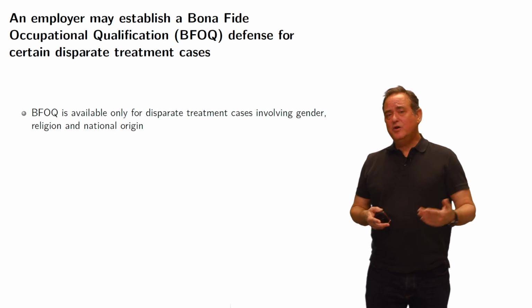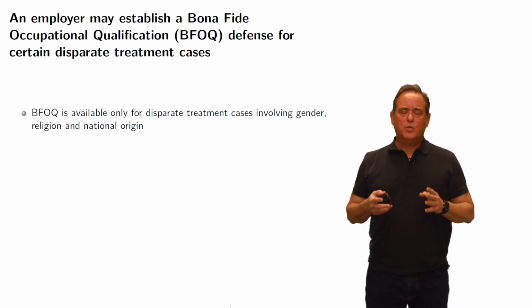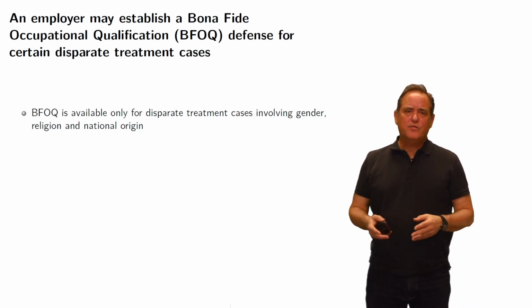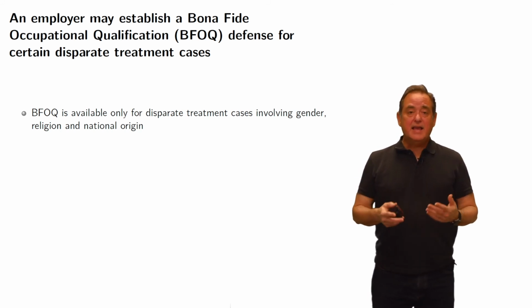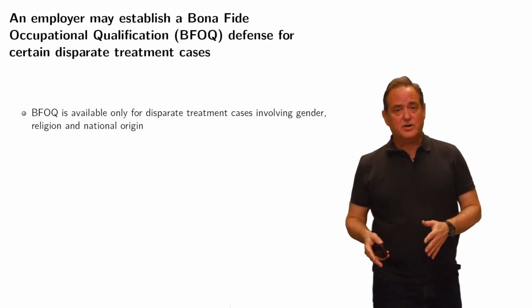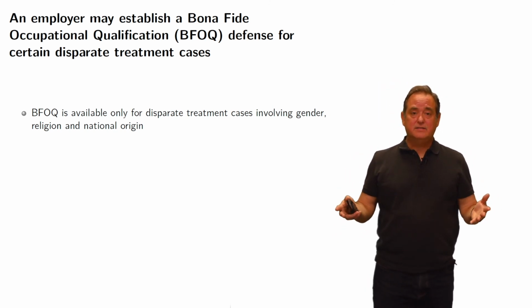Now, the first thing you need to know about BFOQ is that it's never available for race or color. Race or color will never be a bona fide occupational qualification, meaning I cannot discriminate on the basis of race or color because the law says I can't.